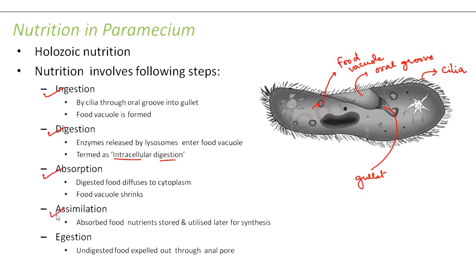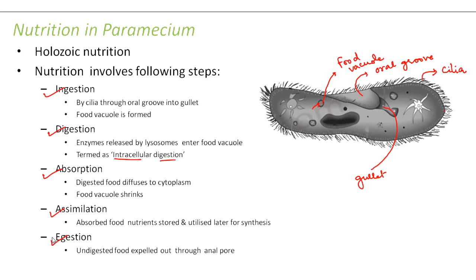Assimilation: absorbed food nutrients are stored and utilized later for synthesis. The same thing here. Egestion: undigested food is expelled out through the anal pore. In case of a paramecium, we have an anal pore somewhere here. Through the anal pore, the undigested food is expelled out. Unlike amoeba, where the undigested food was expelled from anywhere on the surface, here we have a specific anal pore.